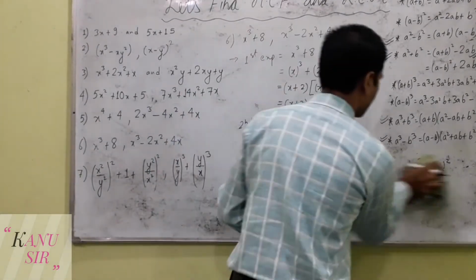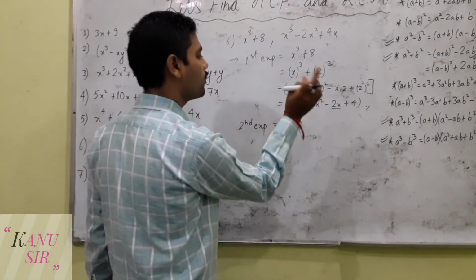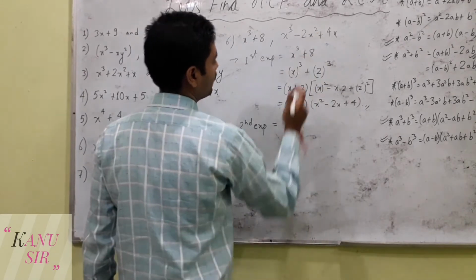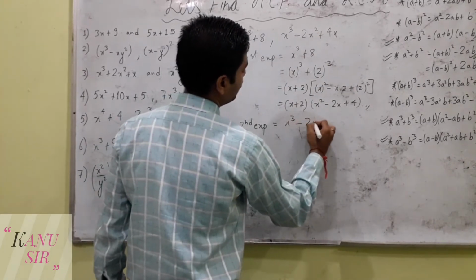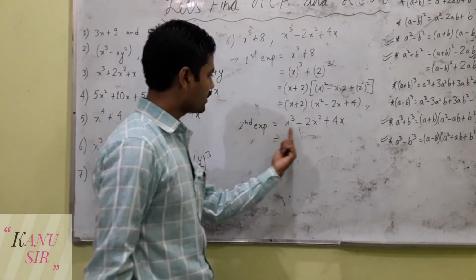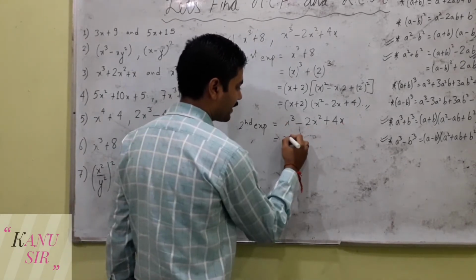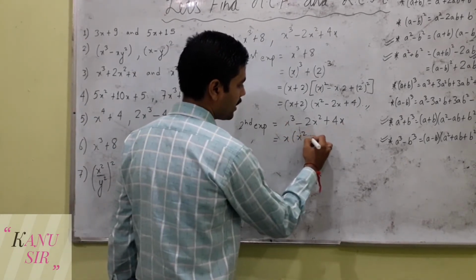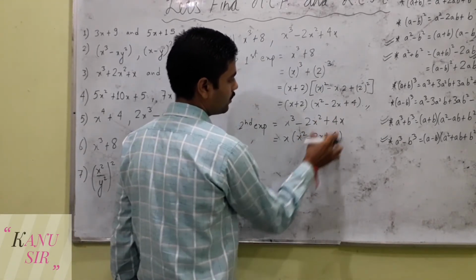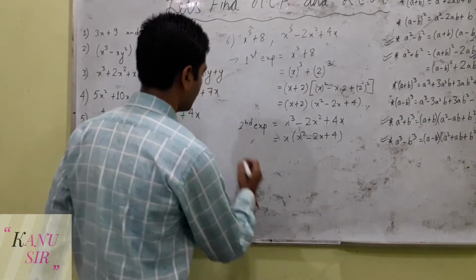Now let us go for the second expression and conclude why it is not breakable, because we will get an expression similar to this, x cube minus 2x square plus 4x. Neither of the digits are common here, but the variable is common, that is x, and we will get x square minus 2x plus 4, which is almost common to the previous expression, so we are not going to break any more.